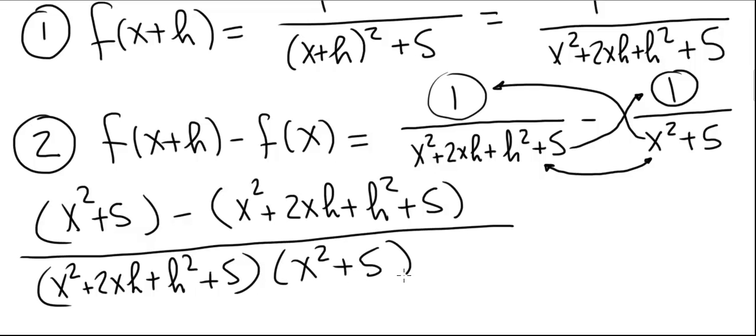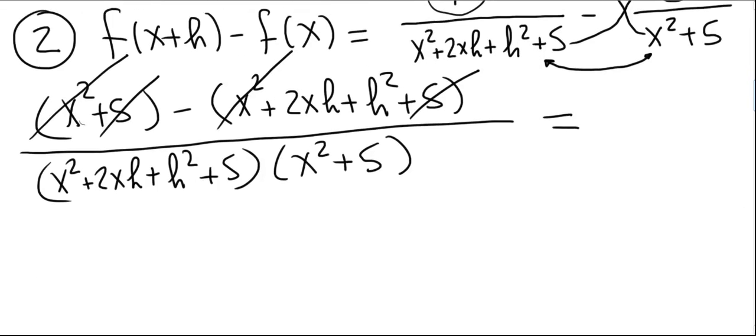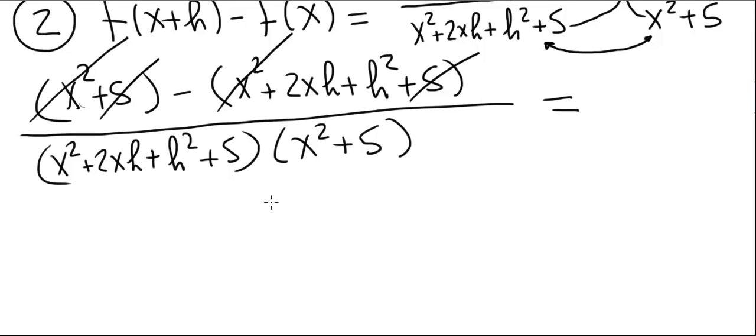Now do not expand, do not multiply the denominator. You don't have to do that. We'll deal with it at the very end. Concentrate on the numerator. Notice in the numerator we have x squared minus x squared, and then 5 minus 5 also cancel, and what we have left in the numerator are terms that contain h, and that's always the case in problems like this if you did it correctly.